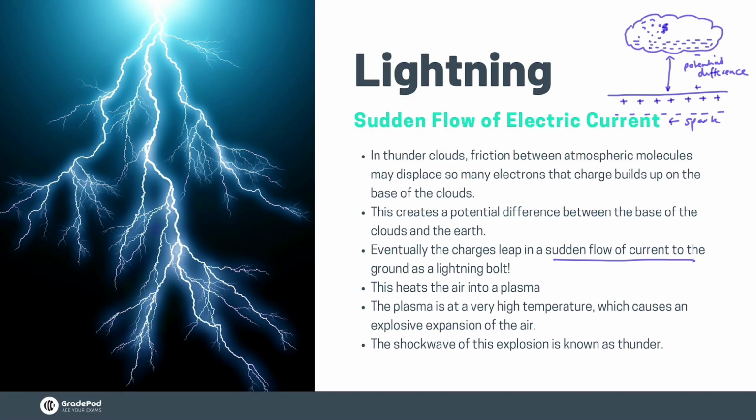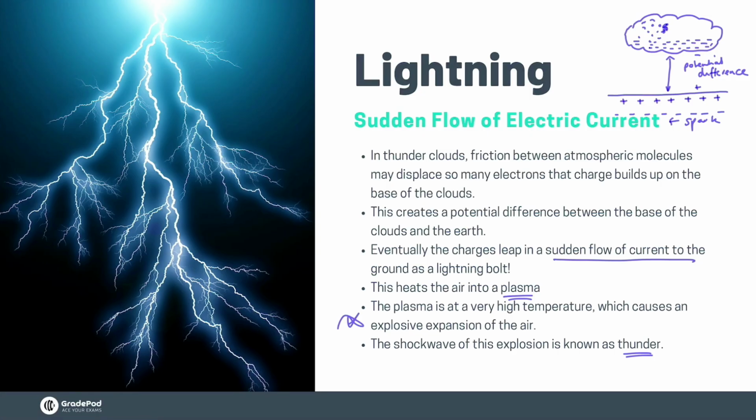And that potential difference could create a spark or a sudden flow of current that breaks down the insulating properties of air, and it heats the air into a plasma. And that plasma is very high temperature, which causes an explosive expansion of the air, and then it causes thunder. So thunder and lightning all stems from the frictional forces inside the thundercloud. Those molecules rubbing together create a displacement of electrons.